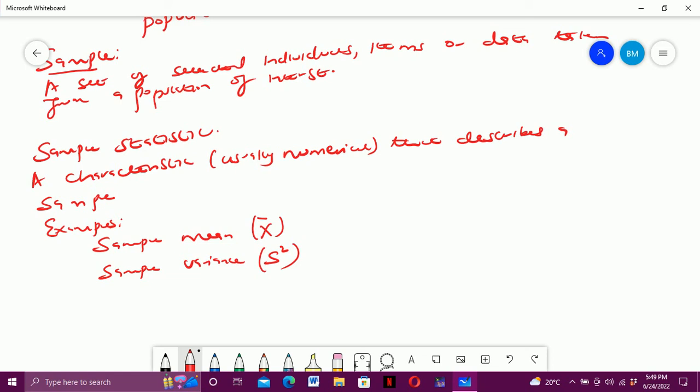So we have sample statistic and population parameter.